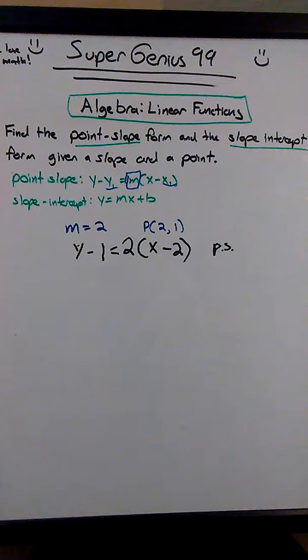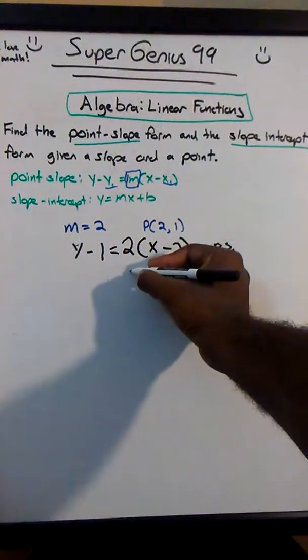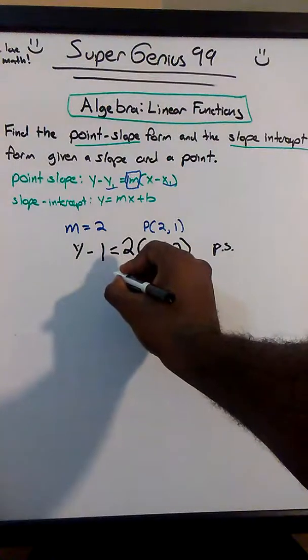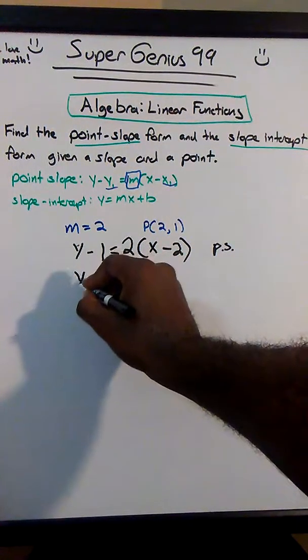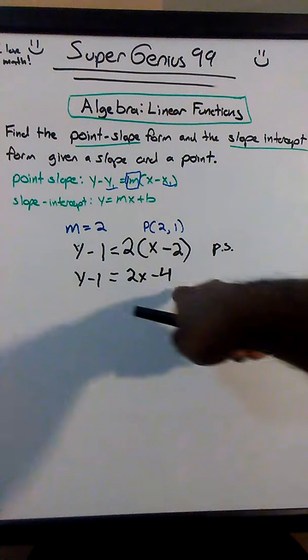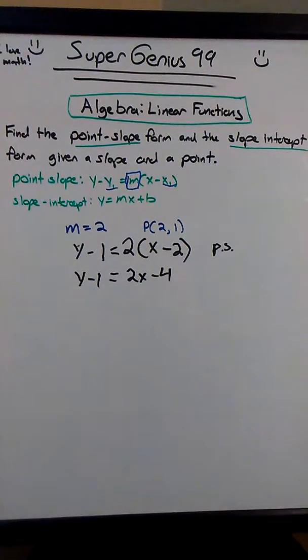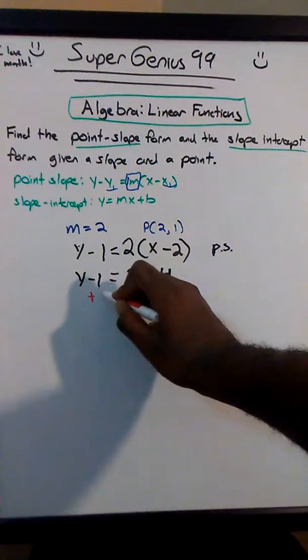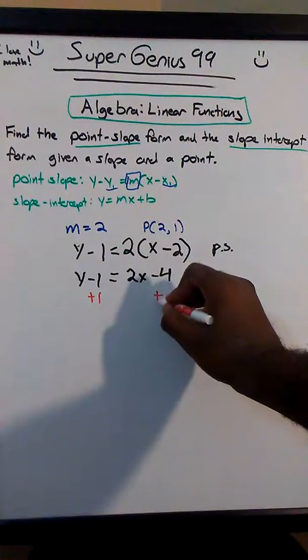Okay, and then to get it in slope intercept, just isolate y. So the first thing I'm going to do is distribute this 2 here. So that'll be 2x minus 4. And then I need to add 1 to both sides to isolate the y. So let's add 1 to both sides. Plus 1, plus 1.